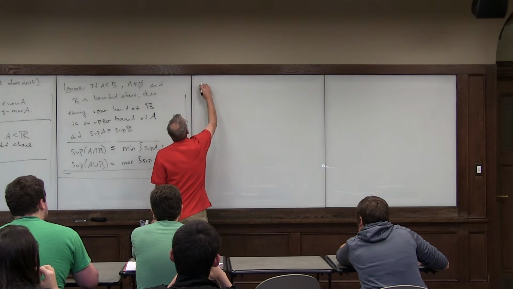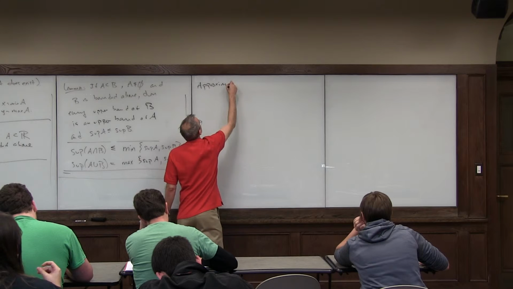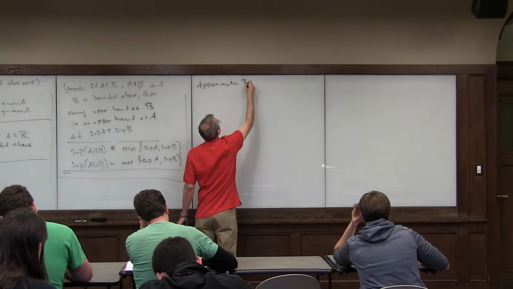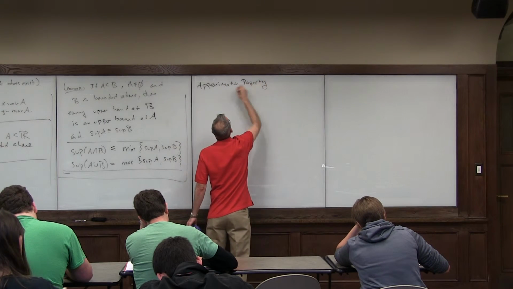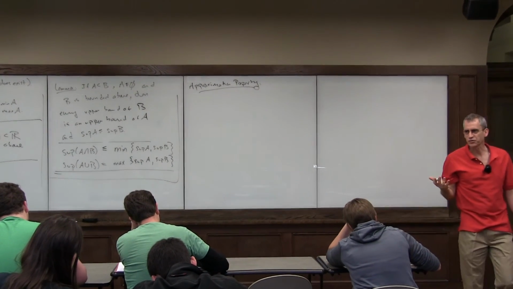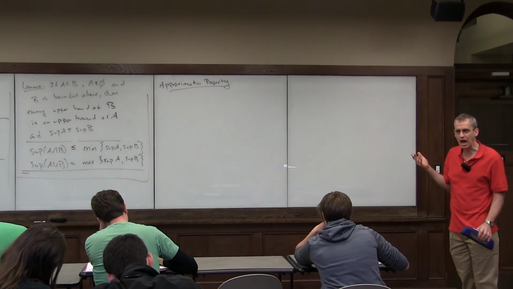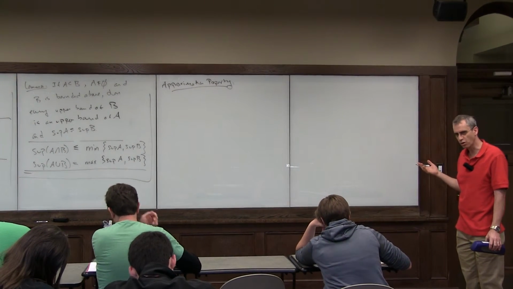So that brings us to the approximation property. Now, the way I'm going to introduce this is I'm going to try to get you a sense for the intuitive idea behind this. And the intuitive idea will make absolutely perfect sense, I hope.